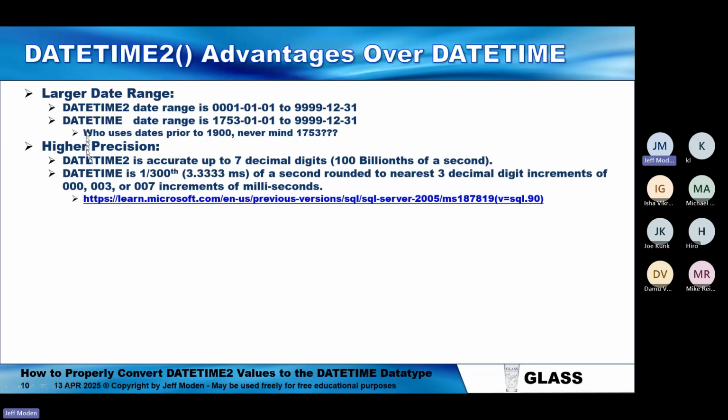And you can learn more about that. I finally found the real old reference that goes all the way back to SQL Server 2005 that explains the 1/300th of a second. It also explains that it consists of 2 integers, where the leftmost integer, it's big endian.